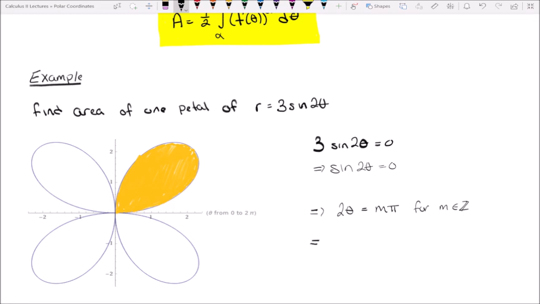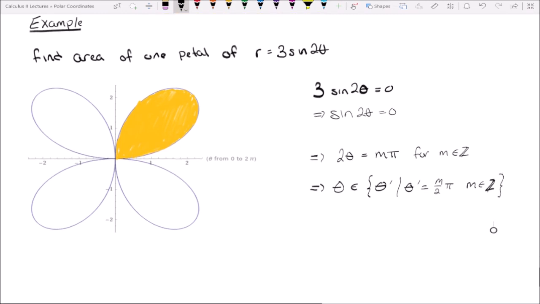Well, this would mean that theta would have to be in the set of all values, let's call them theta prime, such that theta prime is equal to m over 2 pi for m being an integer. So what we're going to do is take theta to be between 0 and pi over 2.